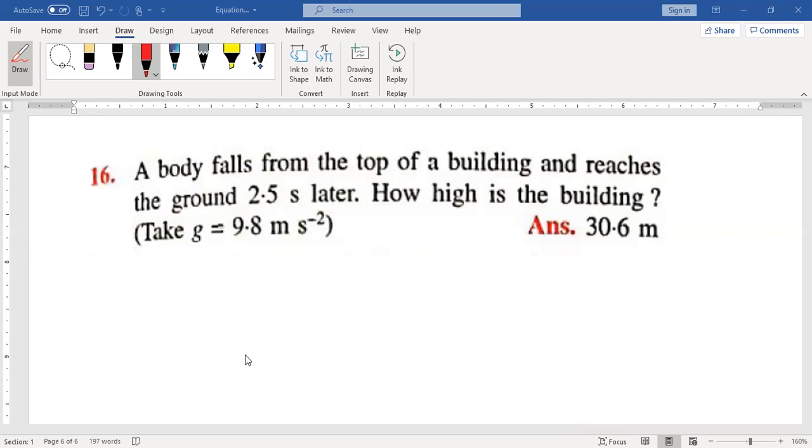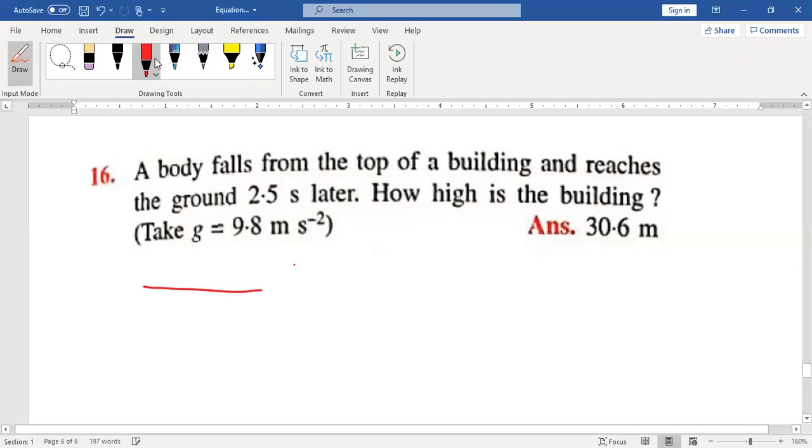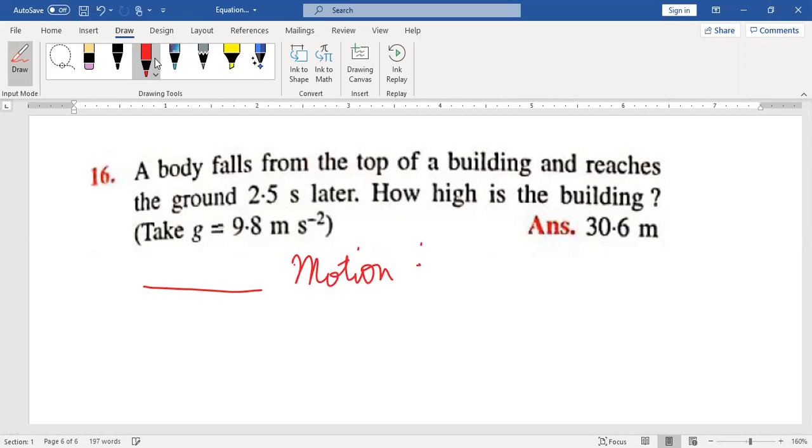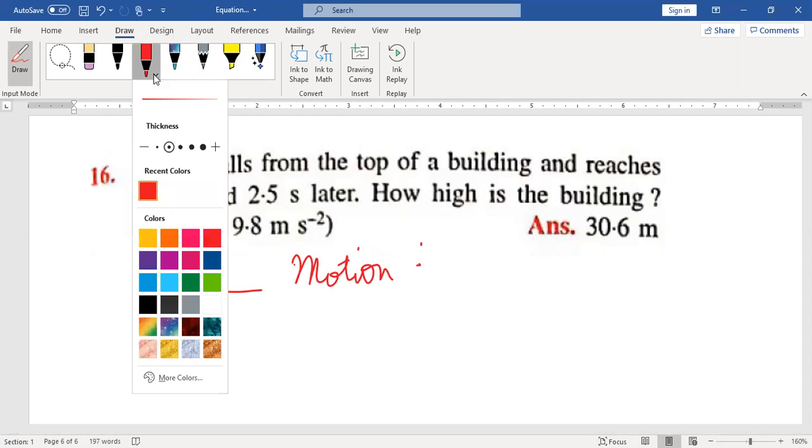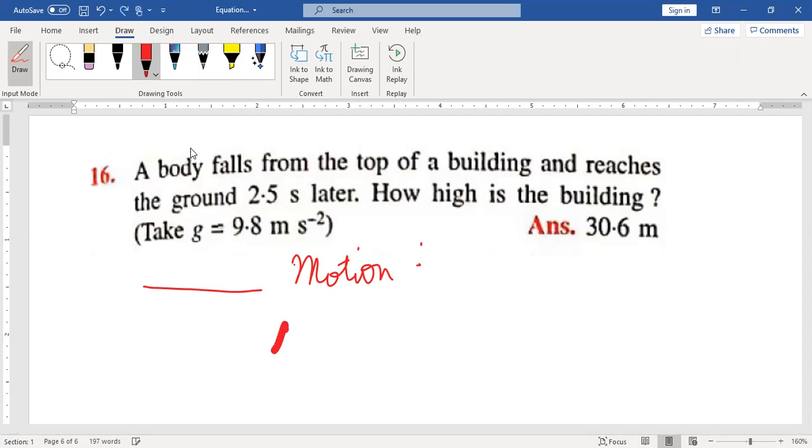So first of all, students, write down which kind of motion it is. And then in this kind of motion, what is the value of initial or final velocity? Which one is 0? Write down.